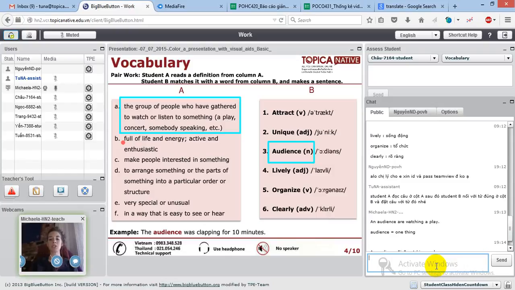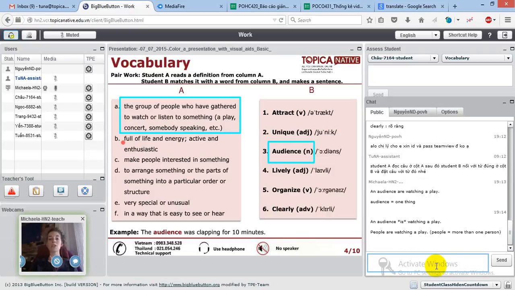So if you're saying people are watching a play, that's okay because people is more than one person. Okay, but when you use the word audience, it's just one. Audience is one group of people, right? So you'd use the word is. Okay, awesome.